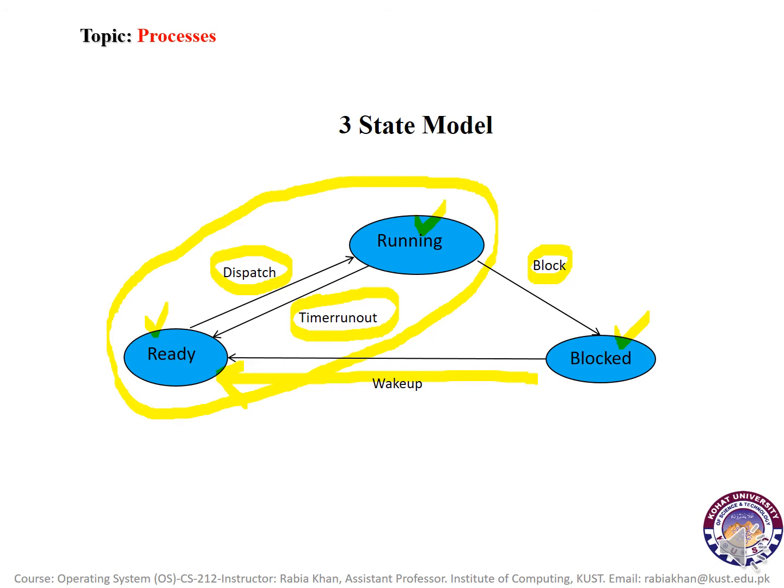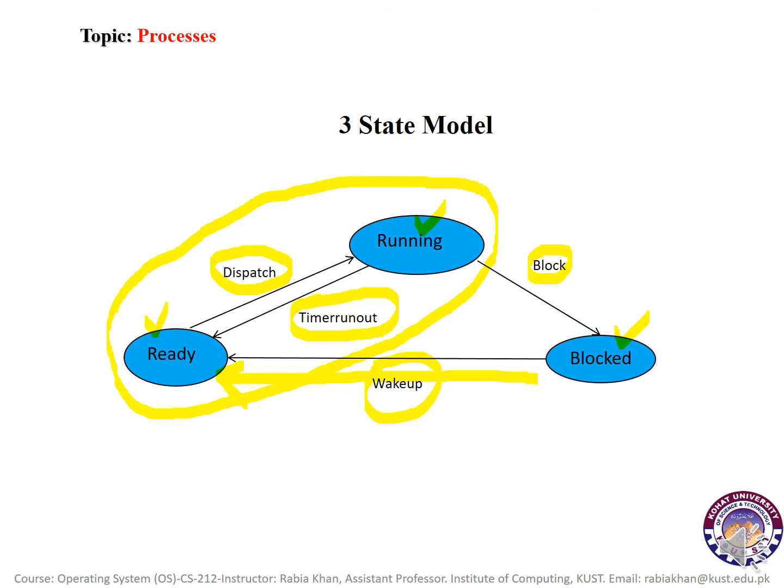When it is its turn, the CPU is assigned to it, the process is dispatched and goes to the running state. The function or event that makes a process change from block state to ready state is the wake up function, or wake up event, as we normally call it.